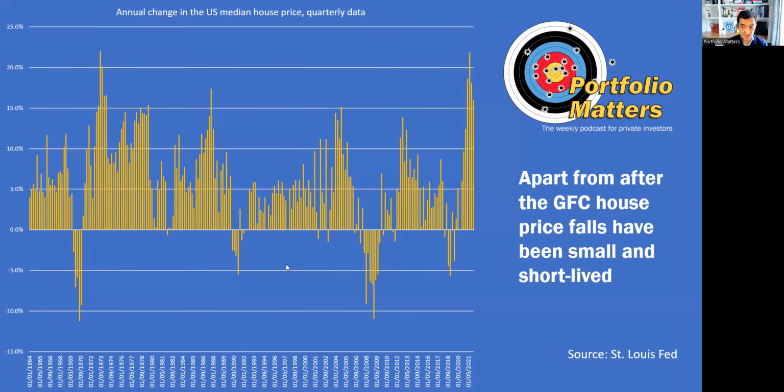And so these are the annual changes in the median house price using quarterly data. So if house prices fall for 1 year, that would yield 4 data points. And you'll see that house prices fell hard during the Great Financial Crisis.